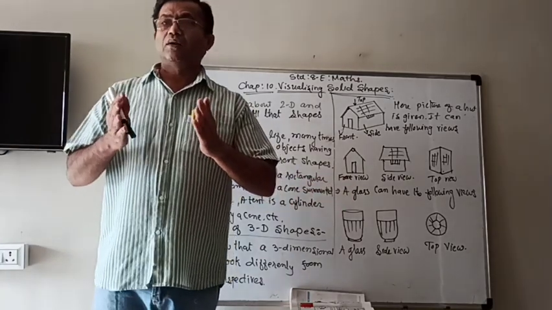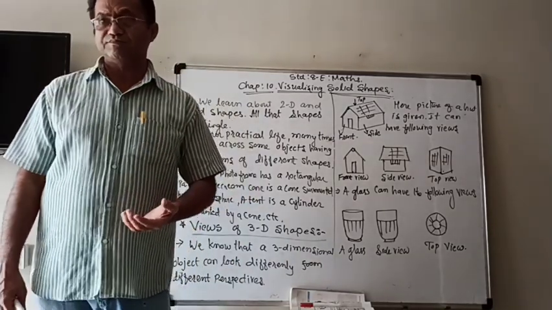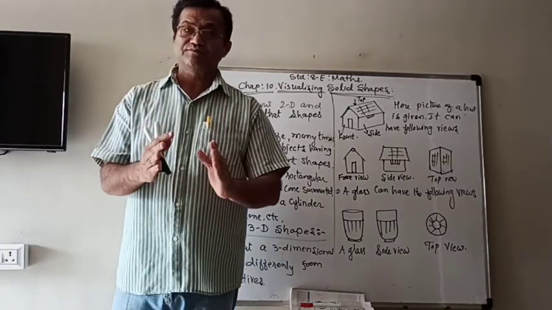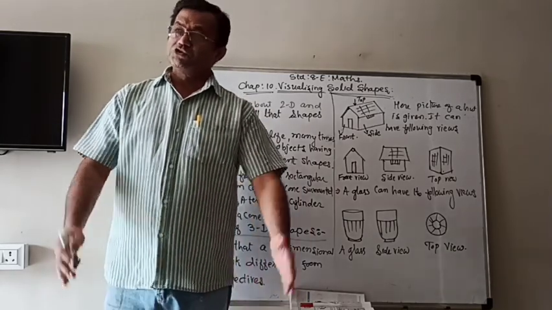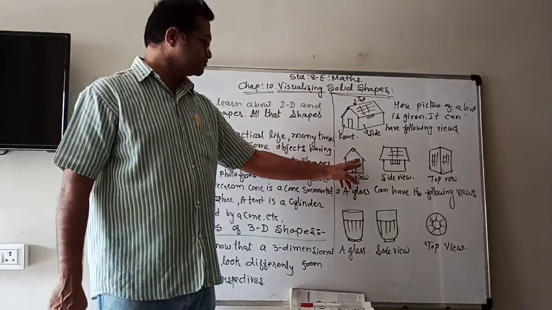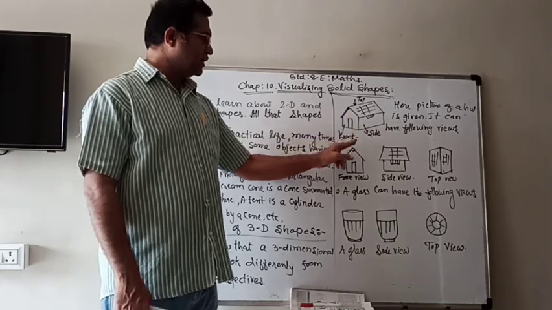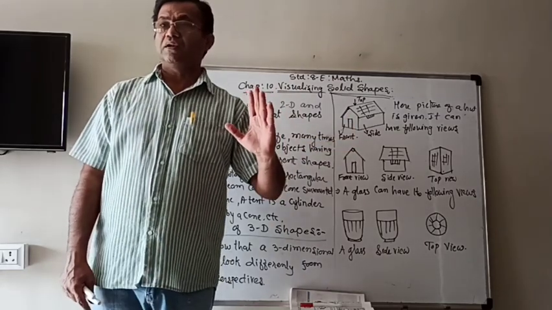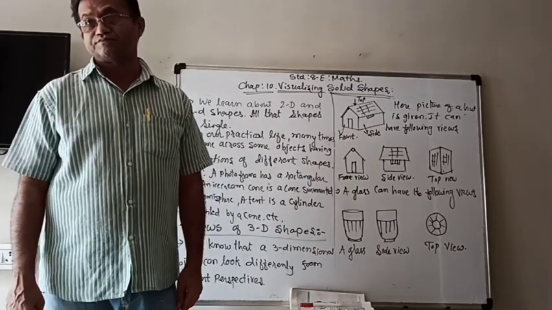Because what is at the back side, I won't be able to see, and I have to draw whatever I can see from the front. So the front view of the hut will be like this. Only the entrance, the front wall and the border of the roof will be seen.